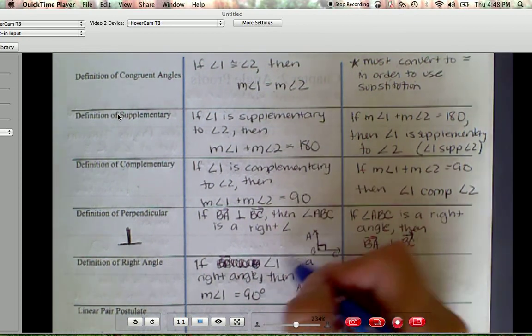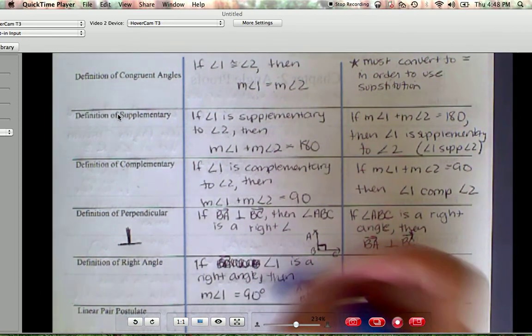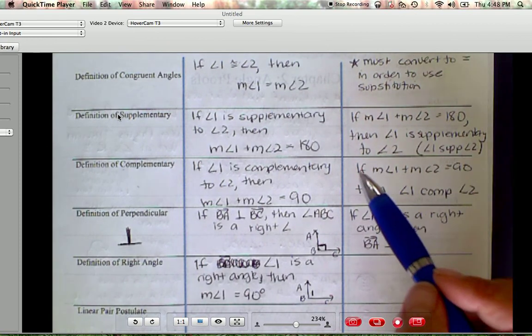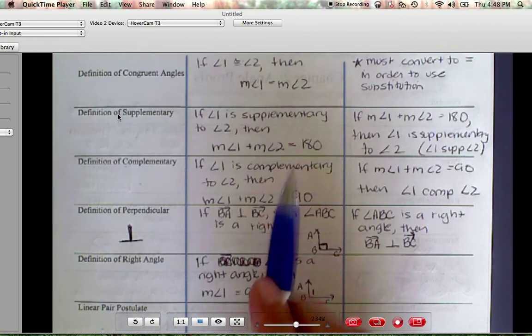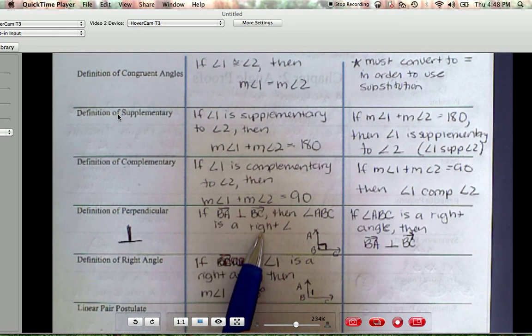If angle 1 is a right angle, then the measure of angle 1 equals 90 degrees. Okay, so the definition of perpendicular goes from perpendicular to say that it's a right angle.